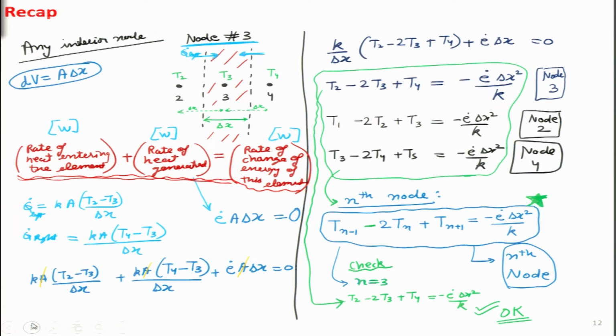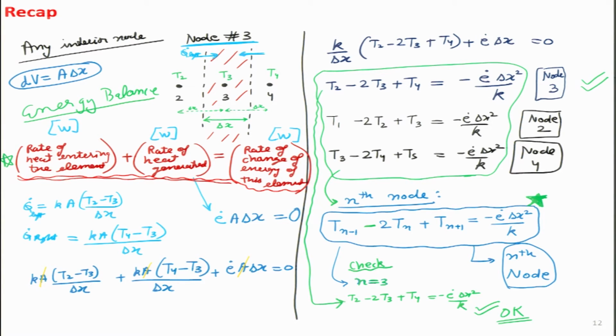This is something which we already have done. Then we chose one of the interior nodes, node 3, and did an energy balance on that node. It turns out to be a very simple equation written in red brackets over here. We solved it and finally we got this solution for node 3.